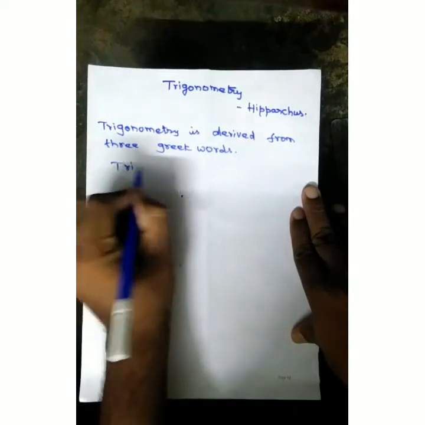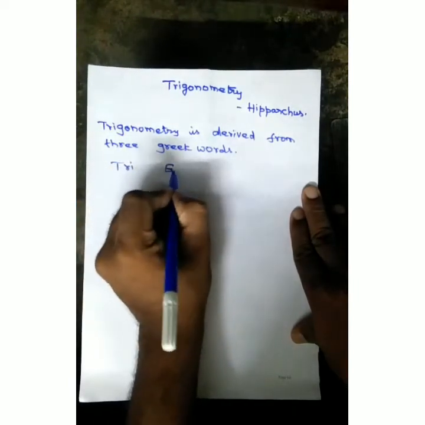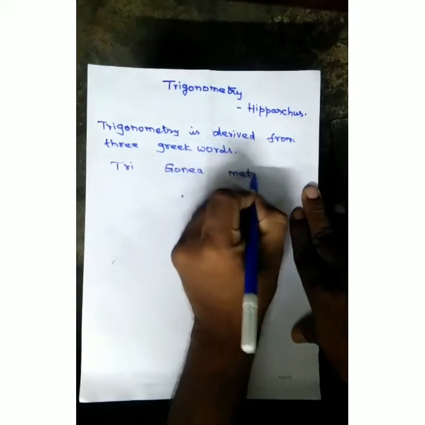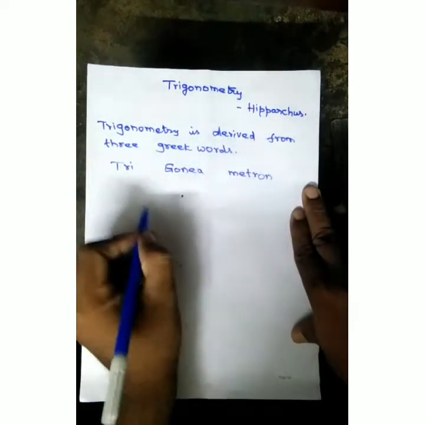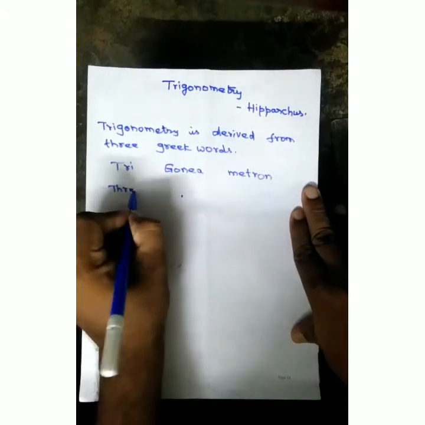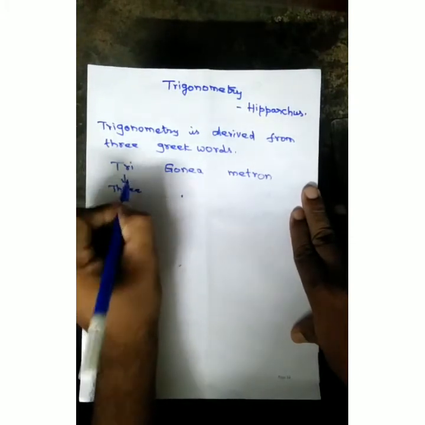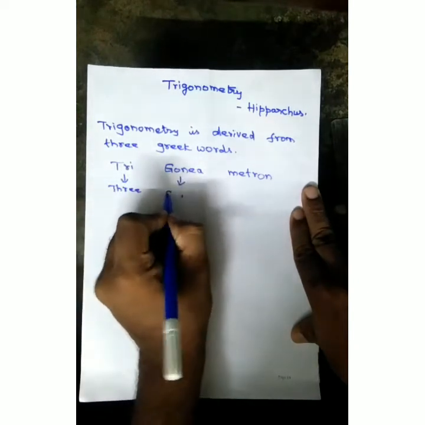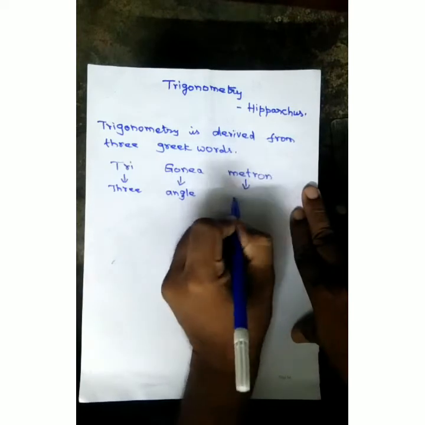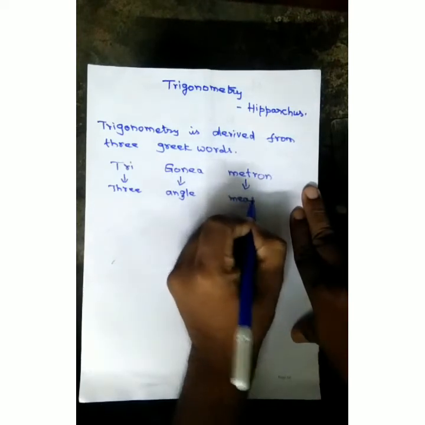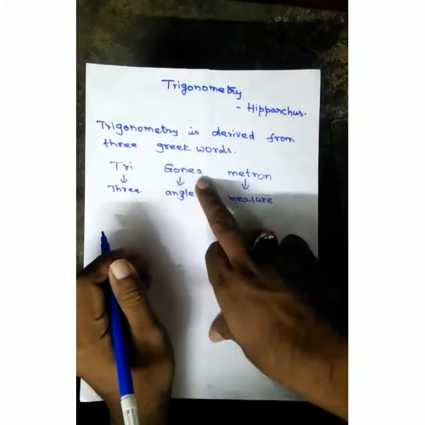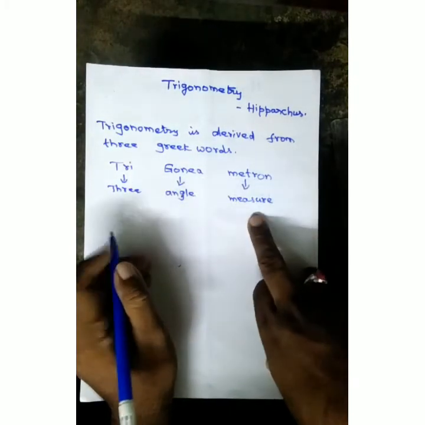Tri, gonia, metron. Tri, gonia and metron. Tri means three, gonia means angle, metron means measure.